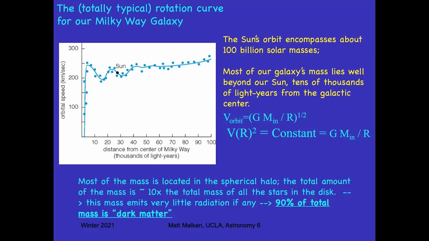So that would be 200 billion solar masses. If I went out to 3 times as large a circle, out to the amount of mass enclosed within 75,000 light years of the Milky Way, it's 300 billion. The mass just keeps going up the bigger and bigger the circle is that you draw around it.